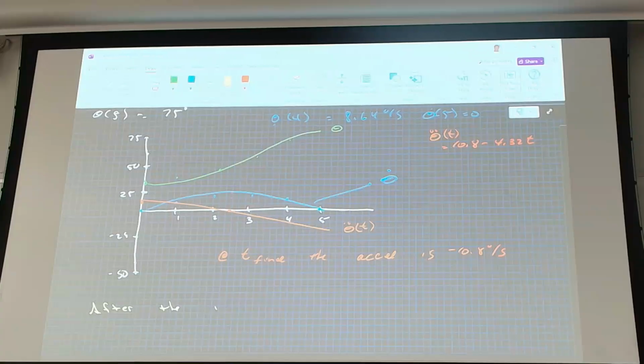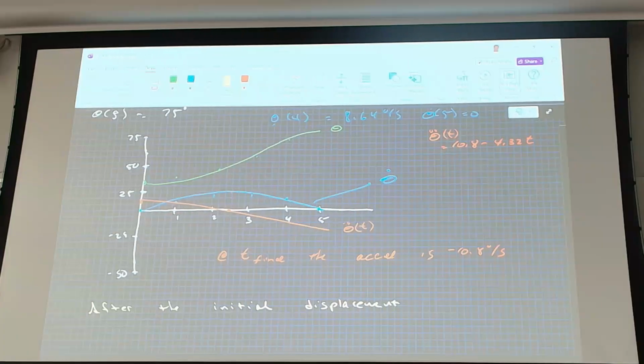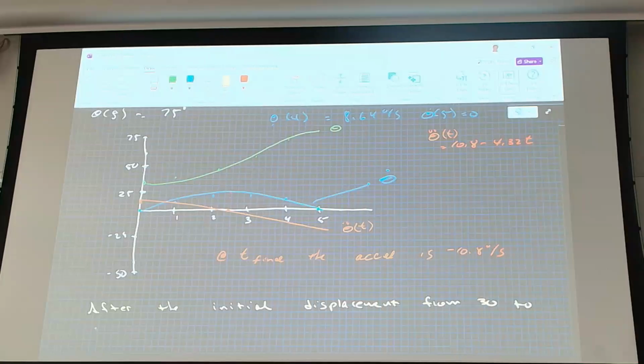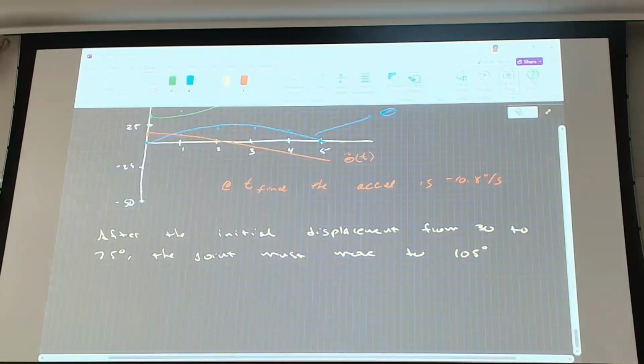So after the initial displacement from 30 to 75 degrees, the joint must move to 105 degrees in 3 seconds.